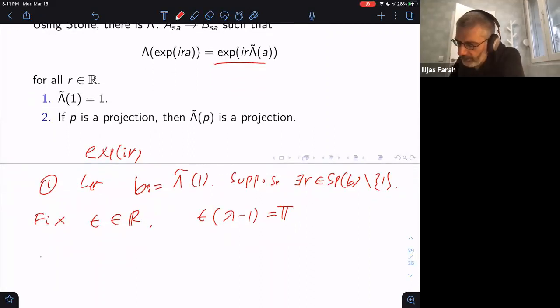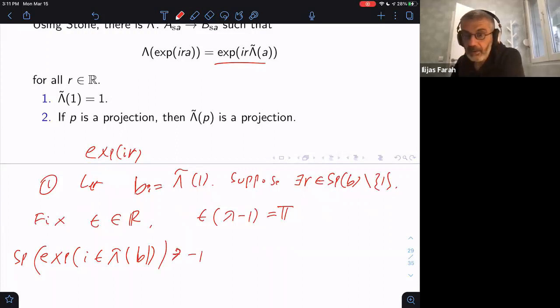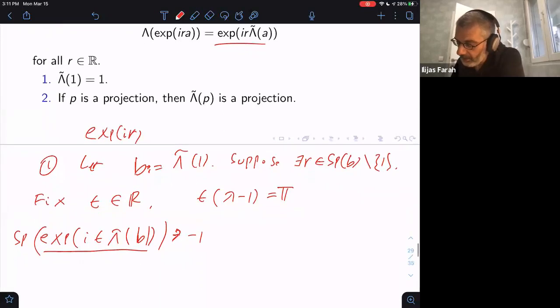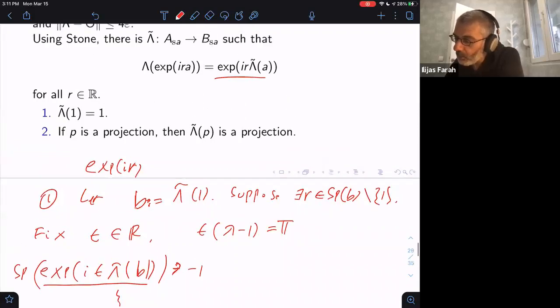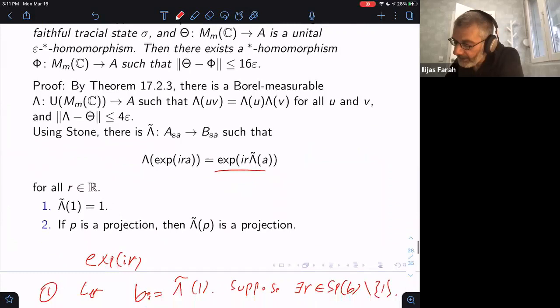So what that means is that exp of it lambda tilde of B in its spectrum has the number minus 1, right? e to the i pi. However, this here is very close to what was the name of the original map, theta.